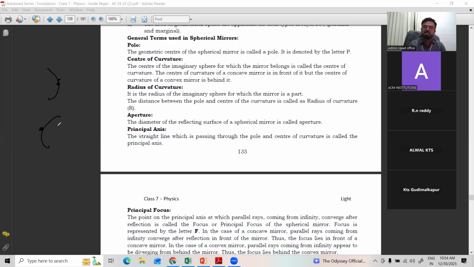Then radius of curvature, the radius of the imaginary hollow sphere of which the convex or concave mirror is a part. Aperture, again a geometrical point.